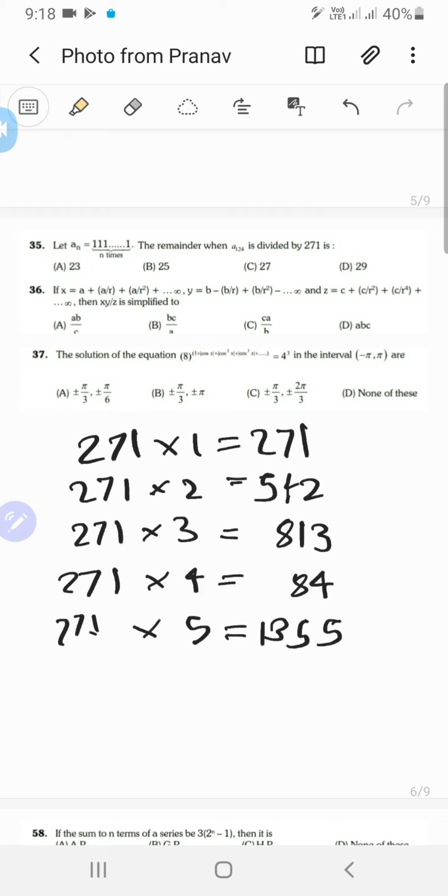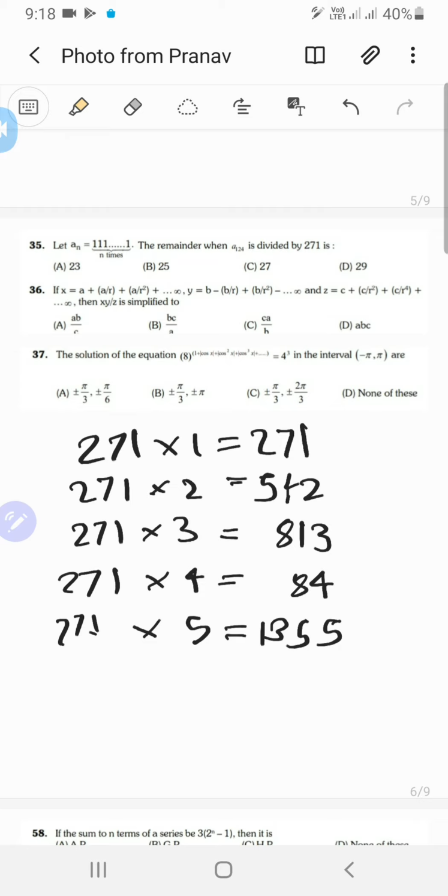271. Yeah, some of these numbers end up at 10. It's not a good sign though. Okay, 271 divided by... is 23, 25, 27. Wow. How do we do this? I'm seeing nothing.